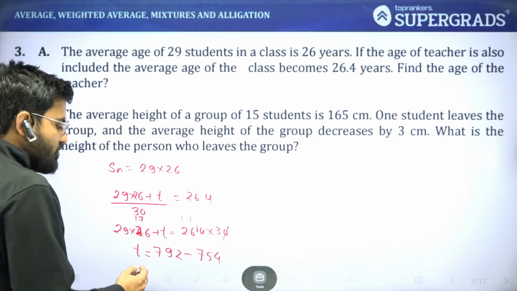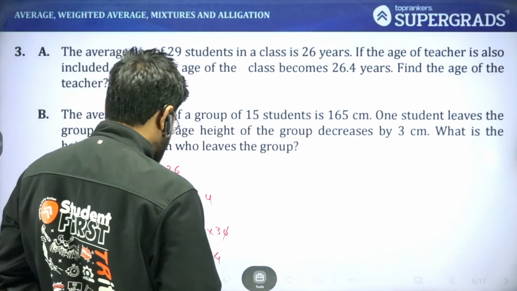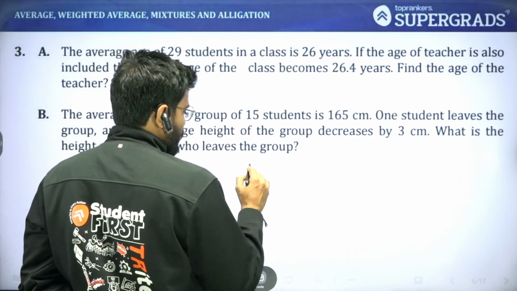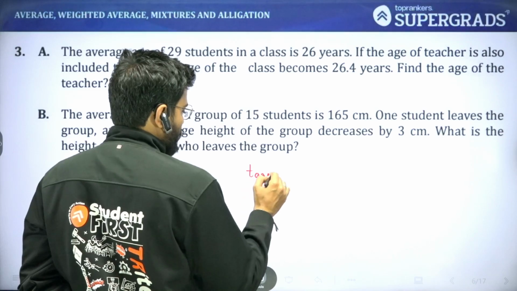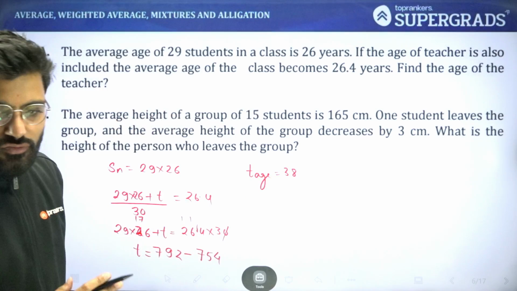So what is the age of the teacher? 92 minus 54 will be 38. So the age of the teacher will be 38.